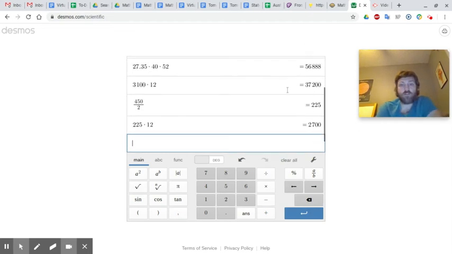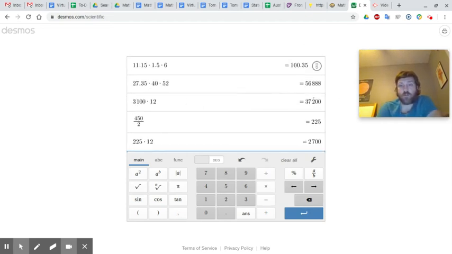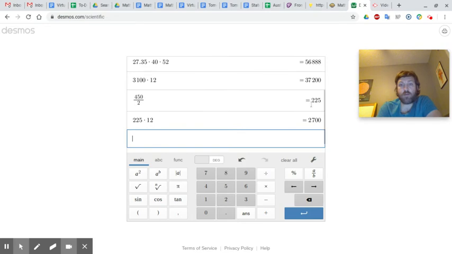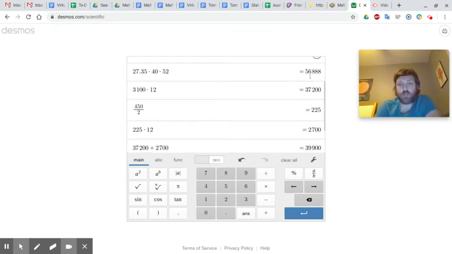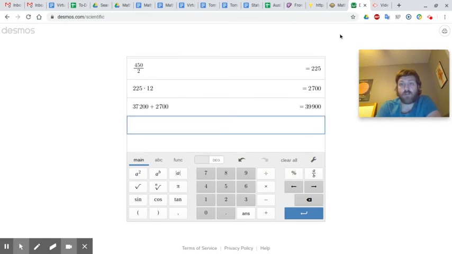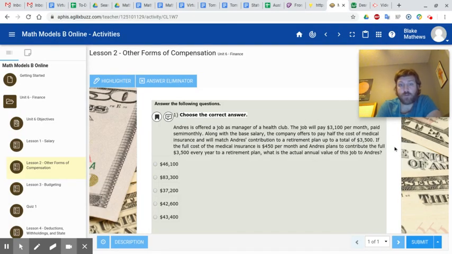So what we've done so far, just to scroll up, we found the total value of the pay. Then we found out how much they're going to contribute to health insurance. And then we're going to add those: 37,200 plus 2,700. It's nice that this keeps track of everything you've done. So now we're up to 39,900. And then they're going to contribute 3,500, because it says he's going to contribute 3,500 and they're going to match.